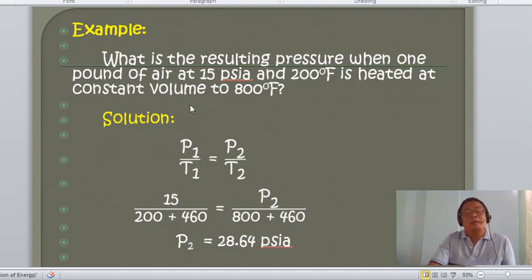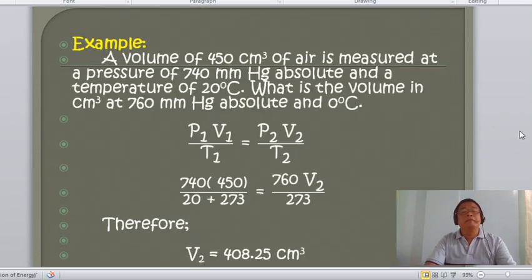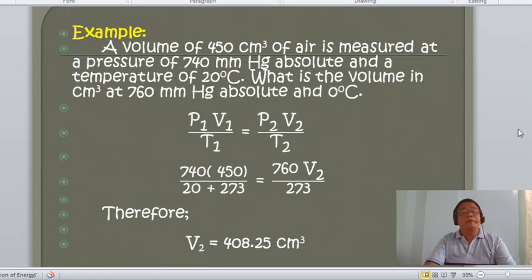This is Charles and Gay-Lussac's law. Substituting values now, the absolute pressure is 15, the temperature is 200, making it absolute, plus 460, equals the final pressure over the temperature of 800 plus 460, or the final pressure now is 28.64 psi absolute. Okay?